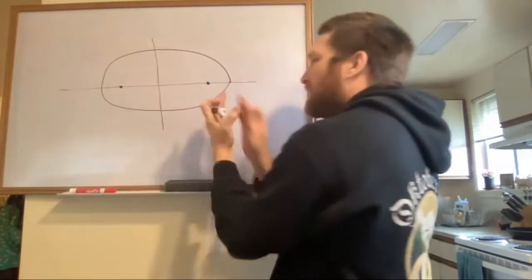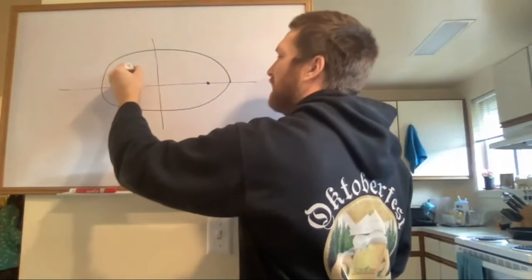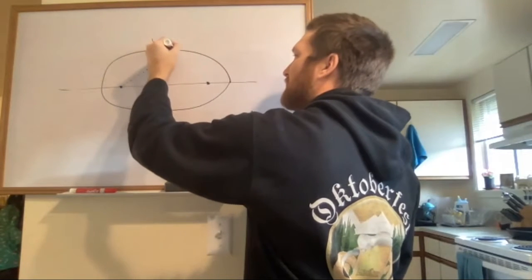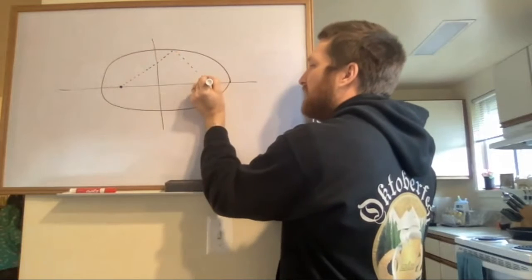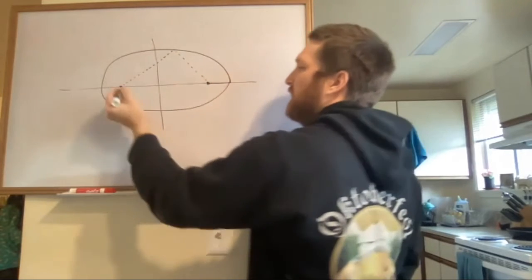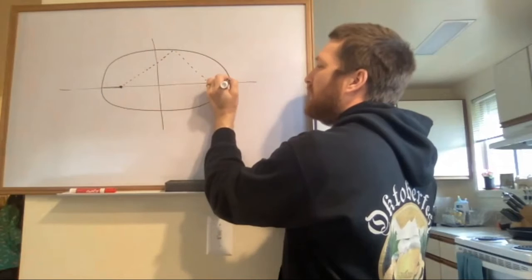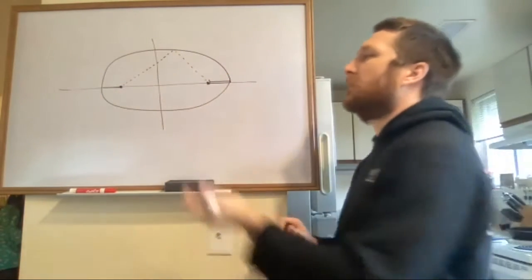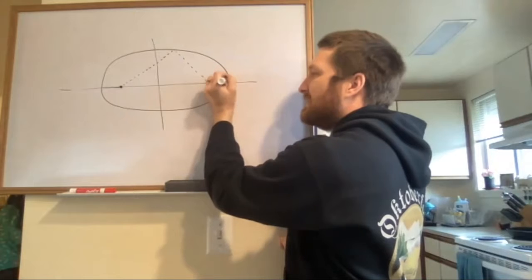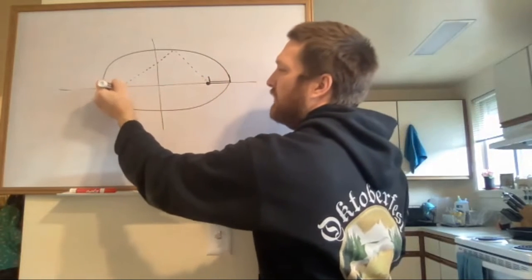It has to do with the fact that the sum of two distances here is constant. And it turns out there's a way of finding what this distance has to be. So there's a nifty little formula to find this distance right here, and therefore you could find these two points.